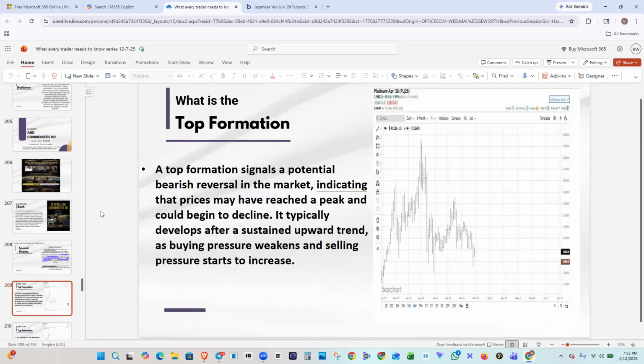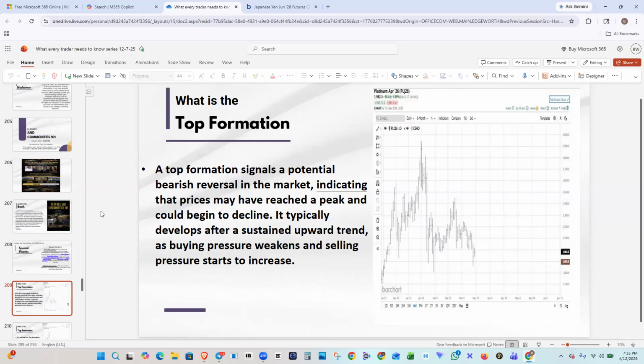Meaning all of us know when we get into a market, if we buy low and it goes up in our favor, and we sell high, then we made a profit. Well, what happens when the market gets to the top? This is where we've got to switch our mind, where we can sell high, buy low, and make a profit.